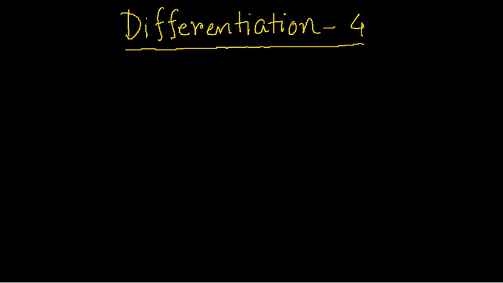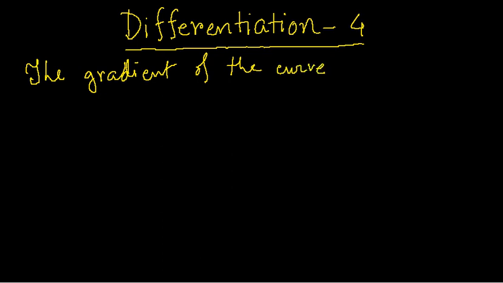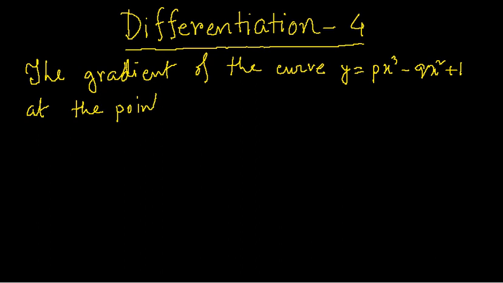Suppose the question is given as: the gradient of the curve y equals px cube minus qx square plus 1, at the point (1, 3), is 11.